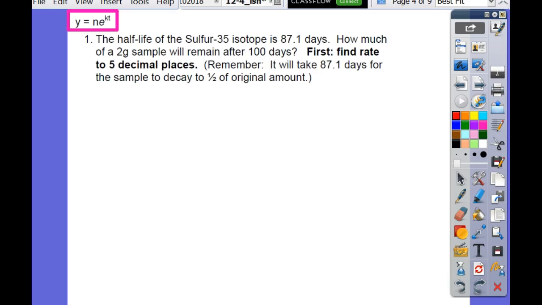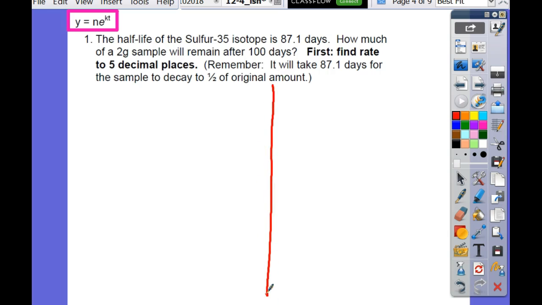On your notes, ISN 12-4, would you please look at problem number 1? Most of these problems are going to have 2 parts.